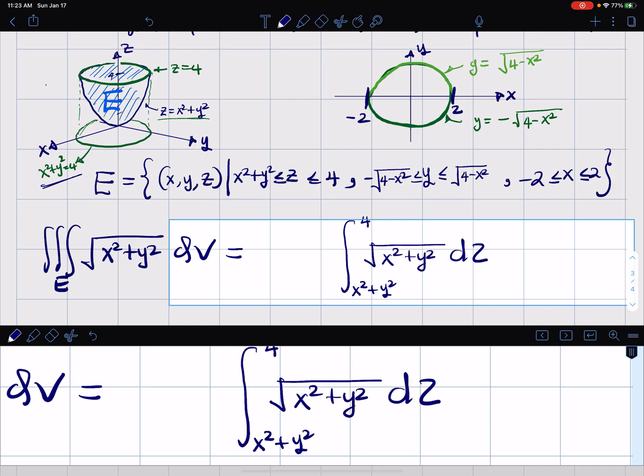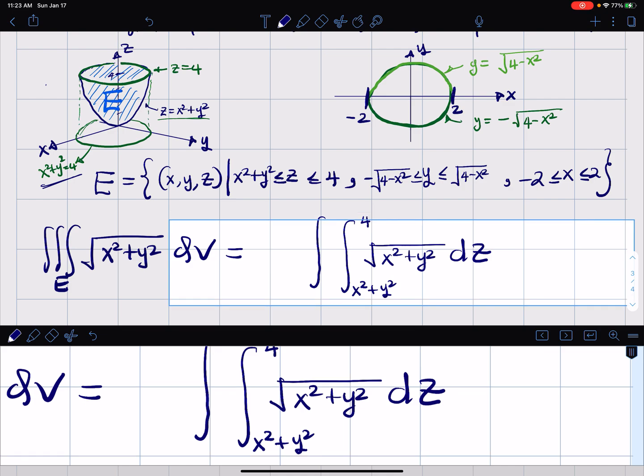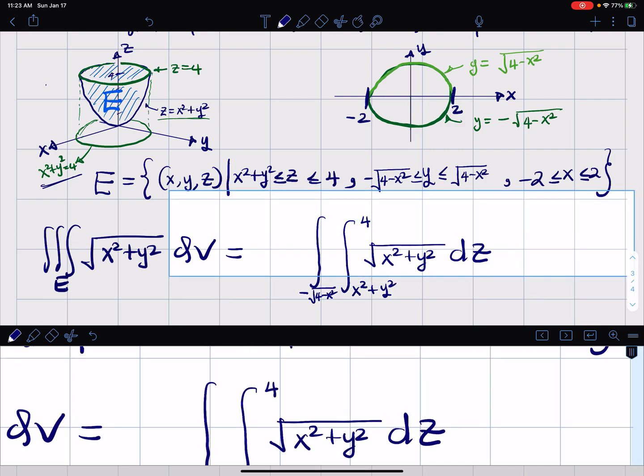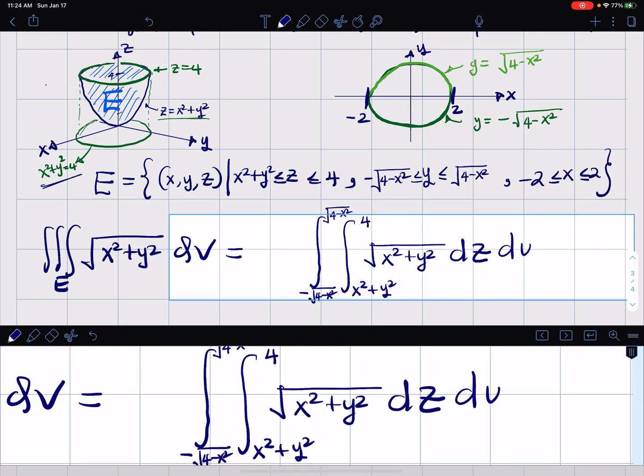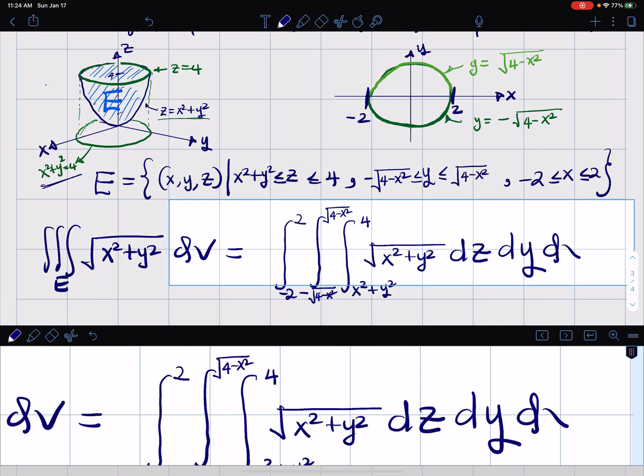Then we have dz. So we're done with z in setting it up. The next is y. Y goes from negative square root of 4 minus x squared to square root of 4 minus x squared, dy. And the last one is negative 2 to 2, dx.